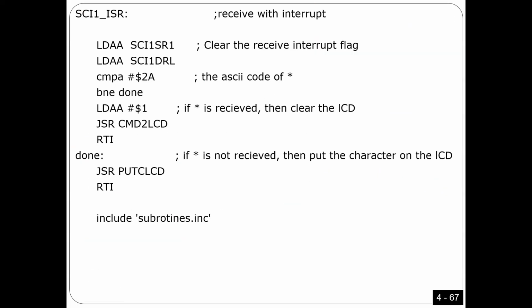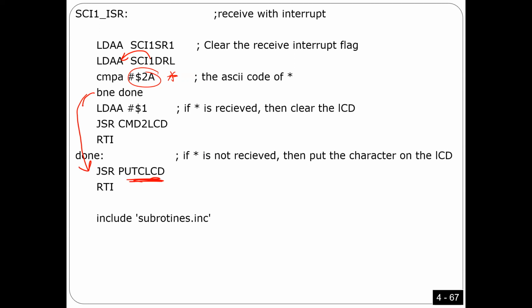So here I'm going to read this register. This is the byte I received from the other board, and now I'm going to compare it to asterisk, because I told you if you press an asterisk, I have to clear. If it is not equal, I'm going to call the boot character LCD, so I'm going to display it.